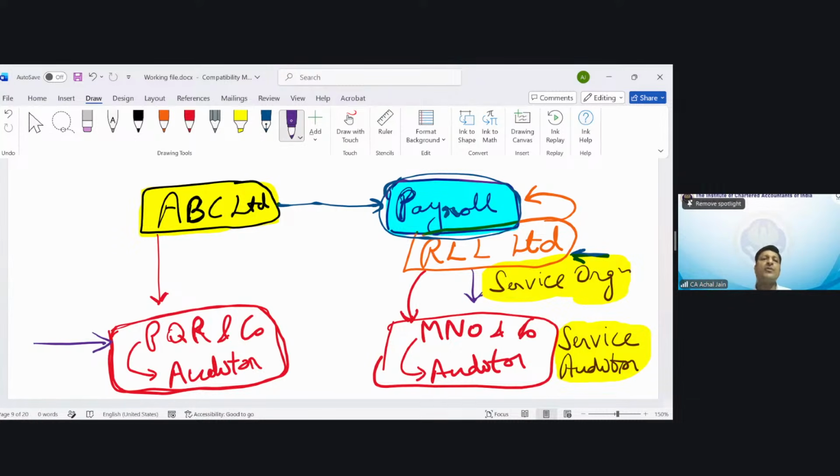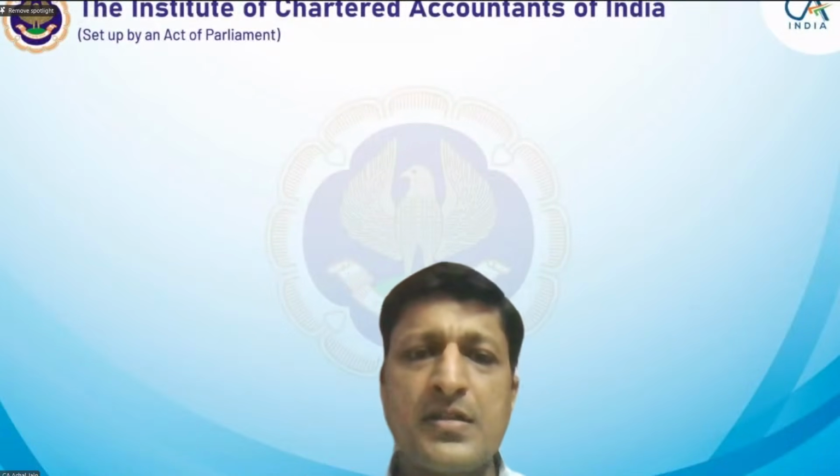So the auditor will have to take a call as to how the auditor wants to go about it in terms of feasibility, in terms of the efforts involved, in terms of access which is available. And that's where we have these couple of reports which are being used. So let's look at those reports.